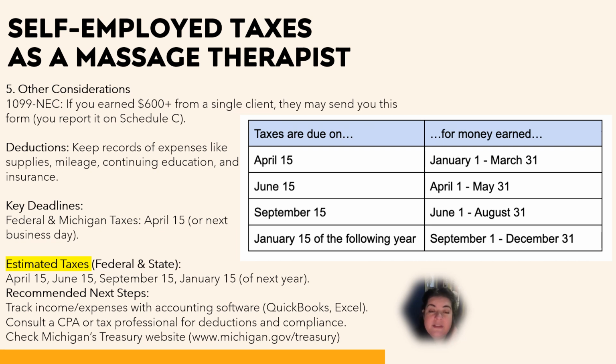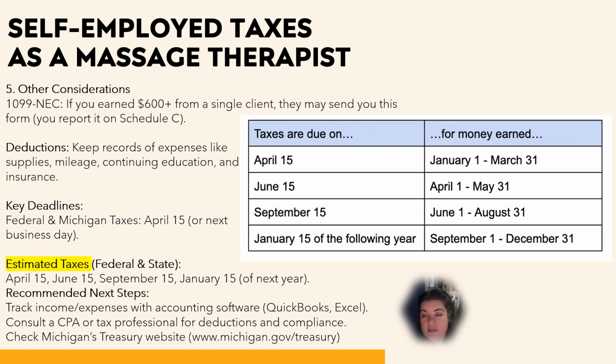Now remember, if it's federal, they want you to file if you are going to potentially owe $1,000 or more in taxes. State of Michigan expects you to file them quarterly if you're going to potentially owe them $500 or more in taxes, and they are to be filed April 15th with your regular taxes, June 15th, September 15th, and January 15th of the next year.